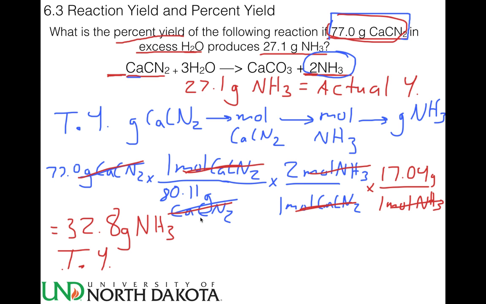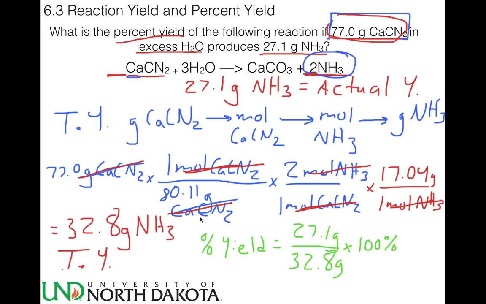Now to find the percent yield, we use that equation. We're going to say that the percent yield is equal to our actual yield, which was given to us in the problem, 27.1 grams of ammonia, divided by the theoretical yield, which we just solved for. It's 32.8 grams of ammonia, and we'll multiply that by 100%.